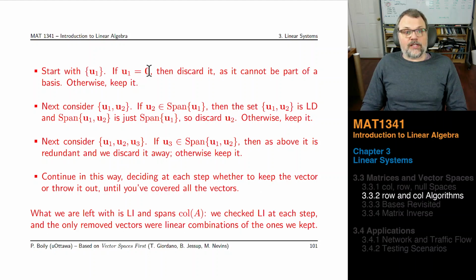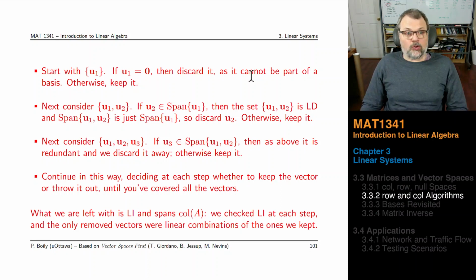If U1 is the 0 vector, then you discard it. It cannot be part of the basis. Otherwise, you keep it. The next thing is you look at U1, U2. If U2 is in the span of U1, then the set U1, U2 would be linearly dependent, and span U1, U2 is just span of U1, so you get rid of U2. Otherwise, you keep U2. And you do the same thing with U3.